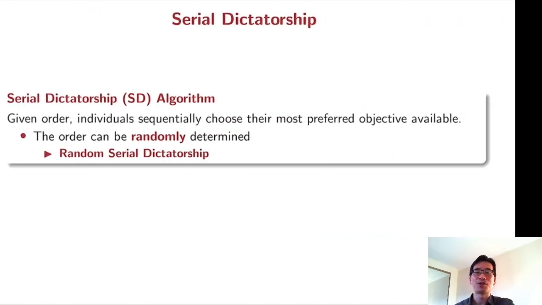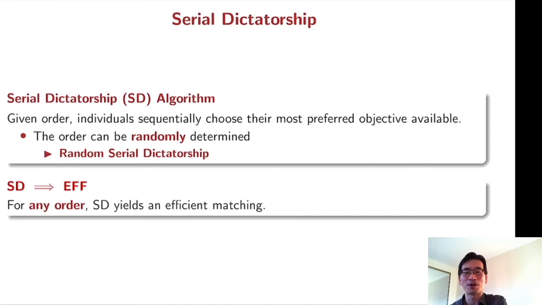Of course, the order can be randomly determined, then the algorithm is called random serial dictatorship. This serial dictatorship algorithm gives us an efficient matching for any order. So we don't need to worry about the order; for any order, this mechanism is an efficient matching.